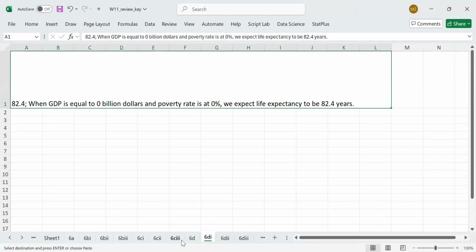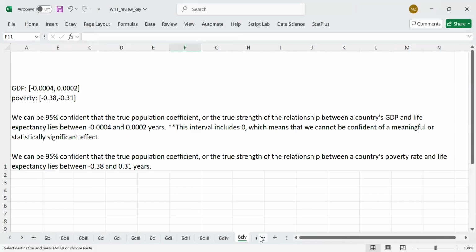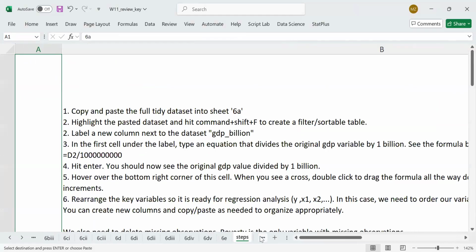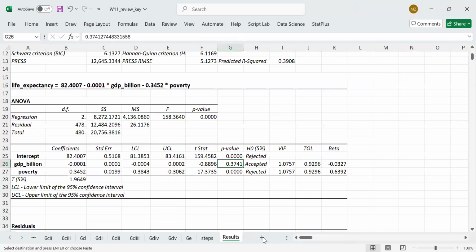What these values for coefficients basically mean is that if you're holding all else equal, like holding the GDP equal, then if poverty increases by 1 unit, or in this case 1%, then your life expectancy decreases by 0.34 years. And similarly, you can do that for the GDP.